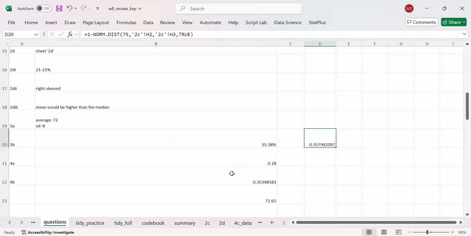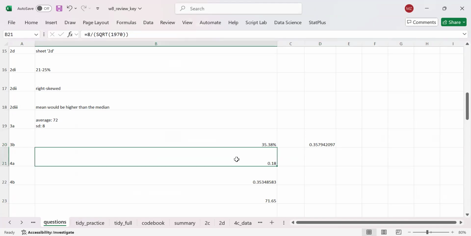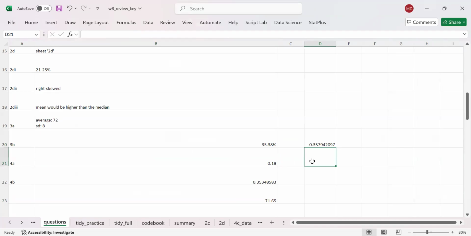Okay, so question number four is hypothesis testing. Assume that the life expectancy distribution among the countries follows a normal distribution again, and that all samples have equal variances. Calculate the standard error for the average life expectancy calculated in 3A for the last 10 years. The standard error is basically the standard deviation divided by the square root of n, right?